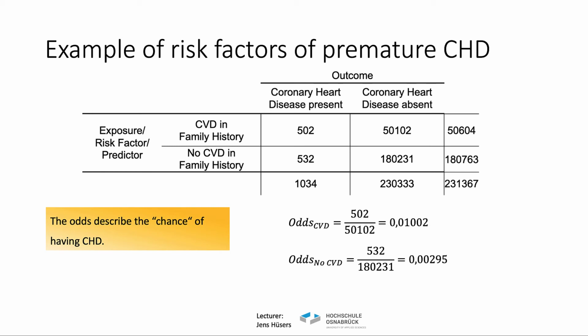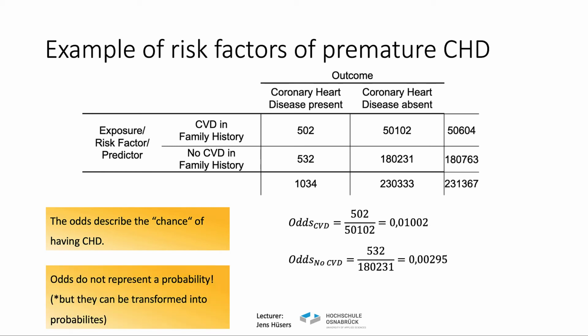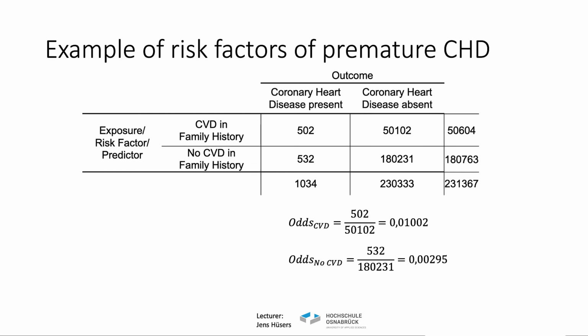Keep in mind that they are not probabilities, but they are related concepts. Unfortunately, odds are less intuitive than risks, as risks are actually probabilities. In general, odds are thus harder to interpret. Humans lack a natural understanding of odds. But odds have important advantages too, as we will see.